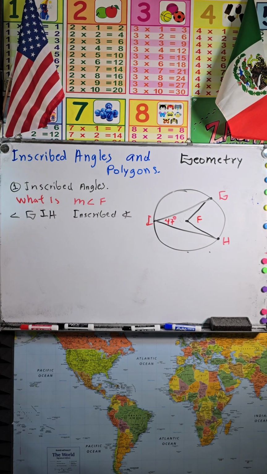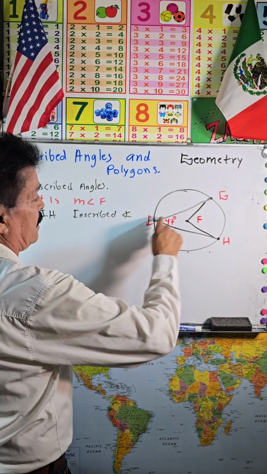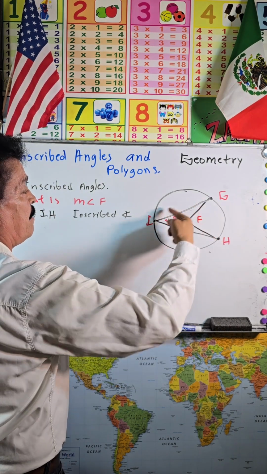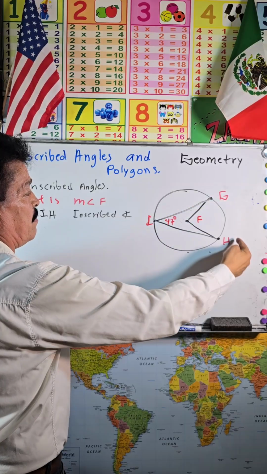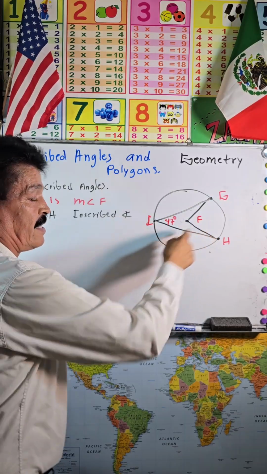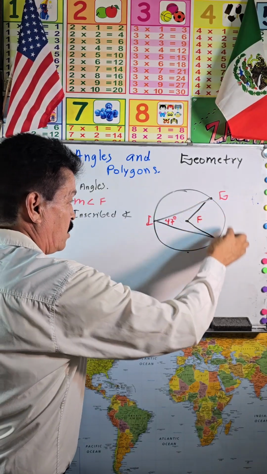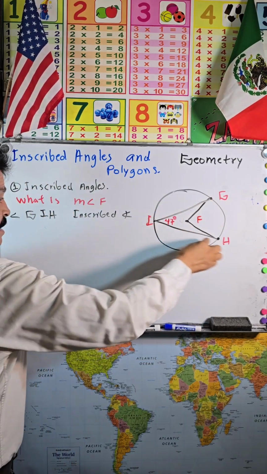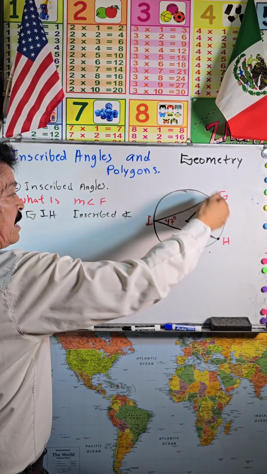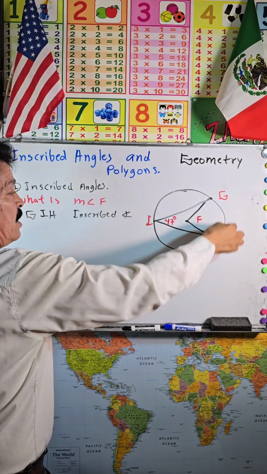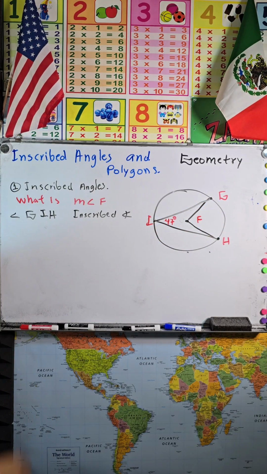And that intercepts the same arc as the central angle. This is the central angle, GIH, and this is the inscribed angle, and both have the same arc. The arc is GH, okay?